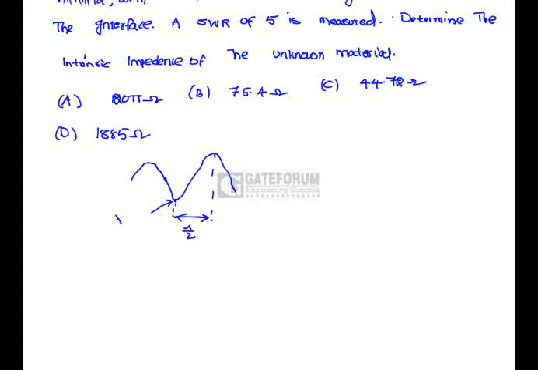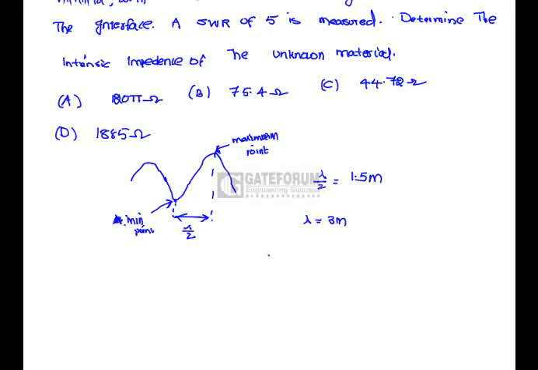Here, this is the minimum point, whereas this is the maximum point, where the field has its magnitude maximum. Here is the minimum. Now lambda by 2 equals 1.5 meters. That means lambda equals 3 meters.